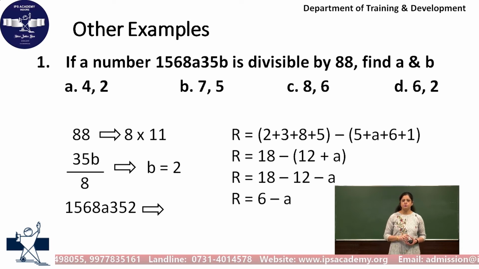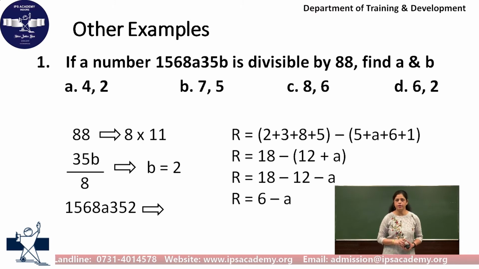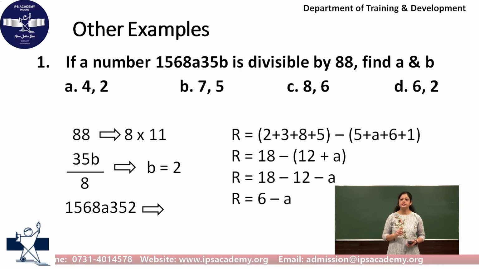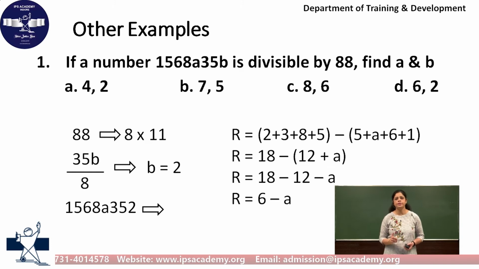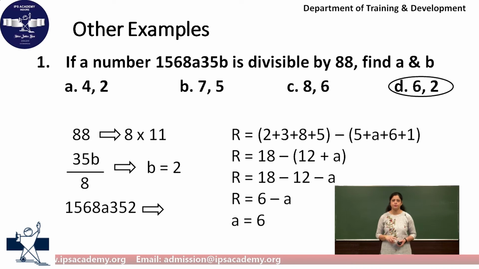Right? So remainder find out करने का ये तरीका है जो हमने divisibility rules से देखा है. That means remainder is equal to 6 minus a, and if the number is divisible by 11, the remainder is 0. That means 6 minus a is equal to 0. That means we are getting the value of a as 6. So we have frozen the answer as D, 6 and 2.